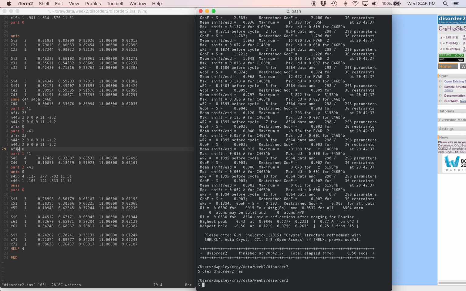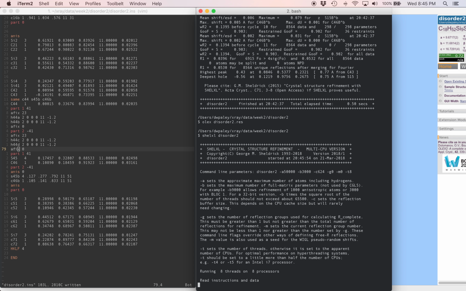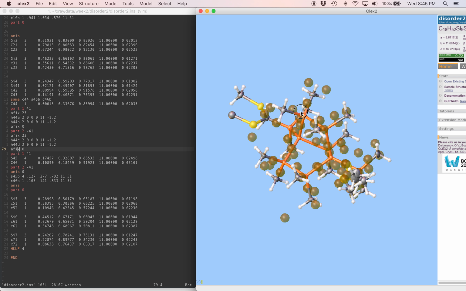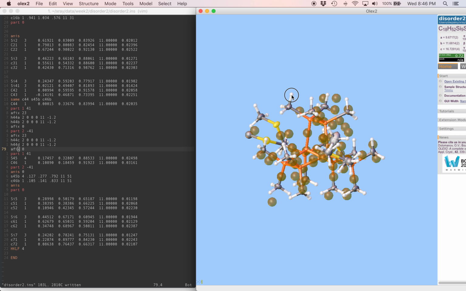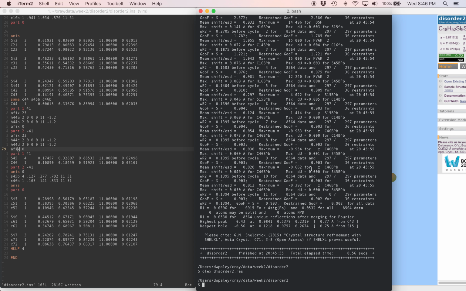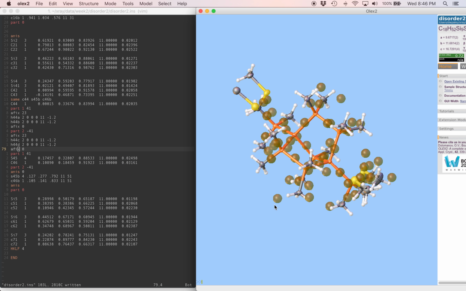Okay, let's run this and see if it seems happy. Okay, so let's see. Now our difference features are plus 0.43, minus 0.56. That's a great sign for a structure of this composition. We have some heavy-ish atoms, so it's fine to see features of that size.